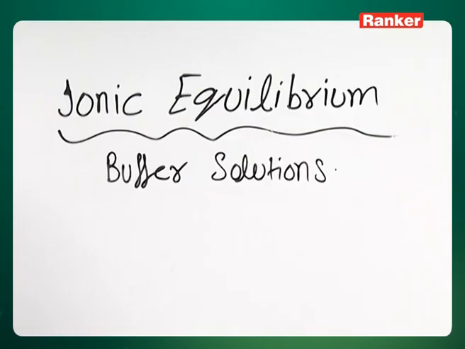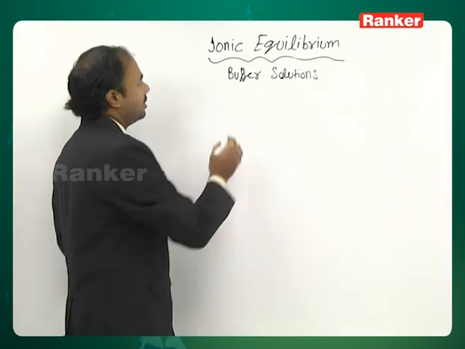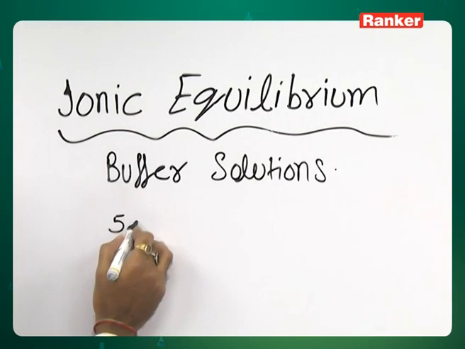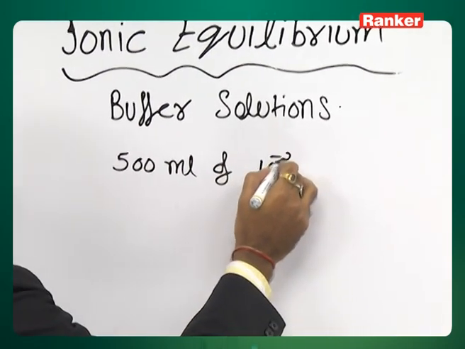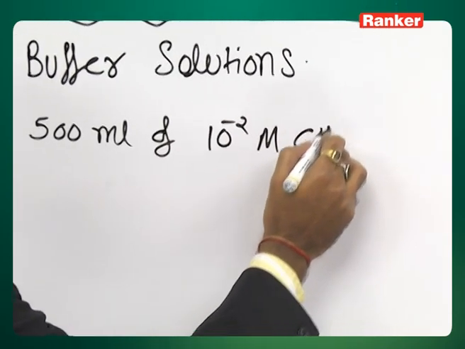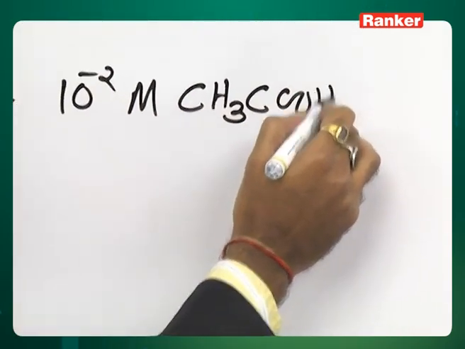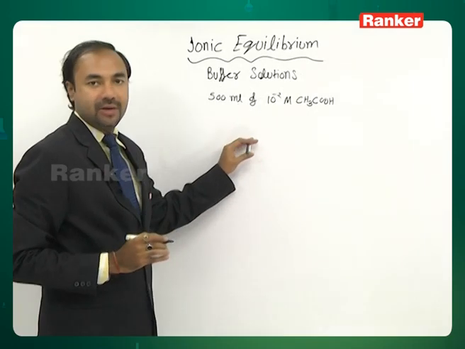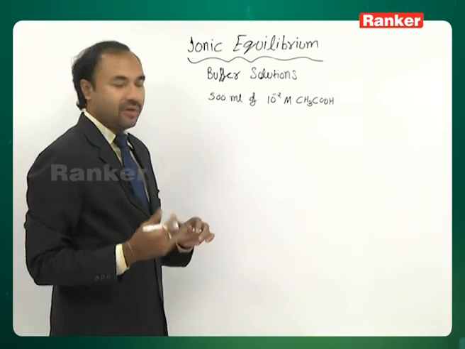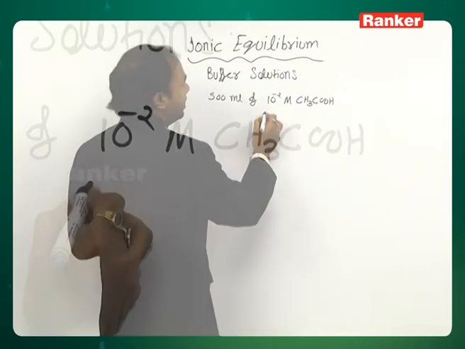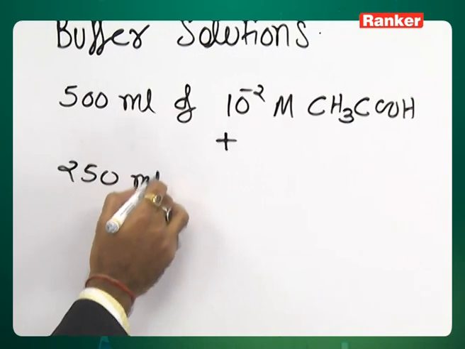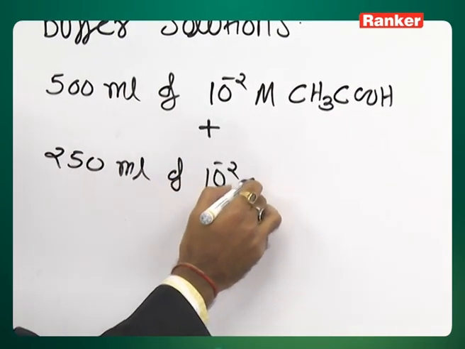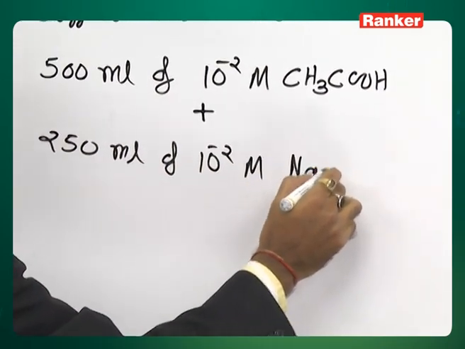Right? Now, one small question we are going to discuss here. Suppose you have been given 500 ml of a 10 to power minus 2 molar acetic acid solution, and this solution is titrated with NaOH of same strength, and we are adding here 250 ml of 10 to power minus 2 molar NaOH solution.